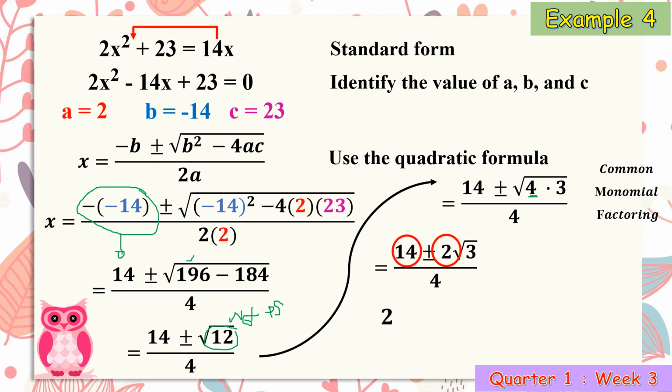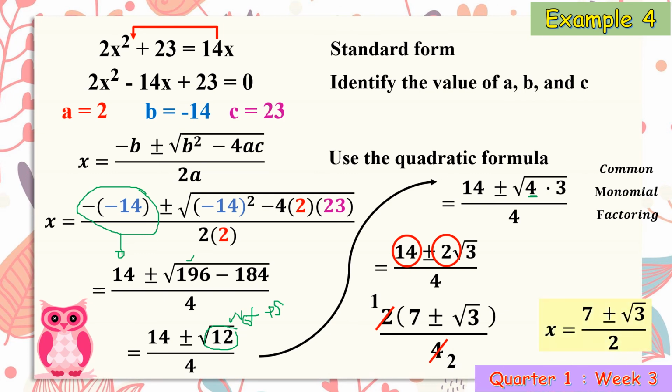The common factor between 14 and 2 is 2. So we divide 14 by 2, and you got here 7. And plus minus, 2 divided by 2 will give us 1. When it is 1, you don't need to write the 1 there, all over 4. Then afterwards, we cancel out 2 and 4, since it can be simplified. 2 becomes 1 and 4 becomes 2.